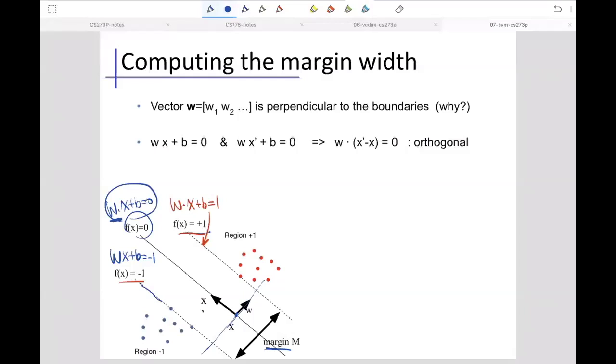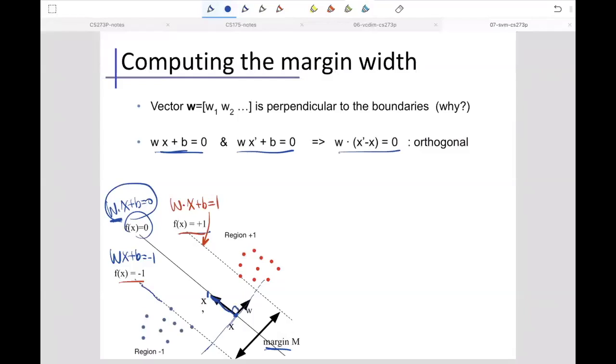Well, you take 2 dots from this plane here, one is x and the other one is x prime. This is x, this is x prime here. Now take the difference between them, and you conclude that w dot (x minus x prime) is equal to 0, which means that w is orthogonal to this difference between x and x prime here.